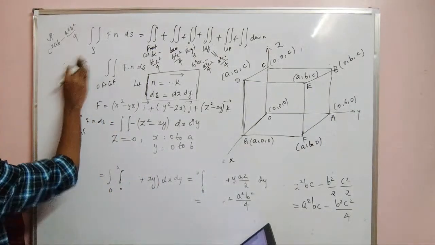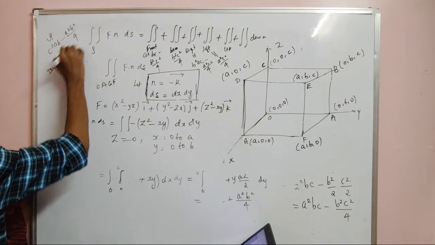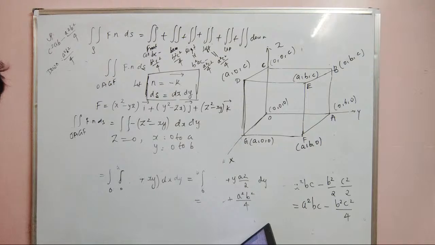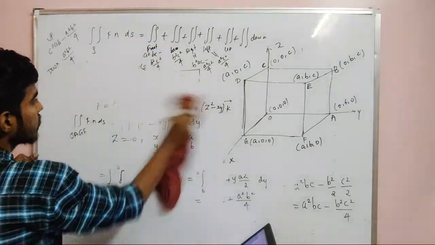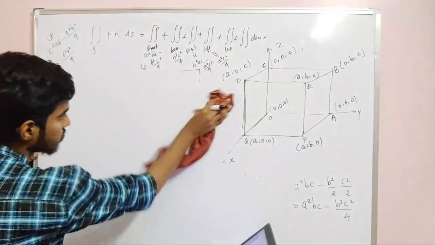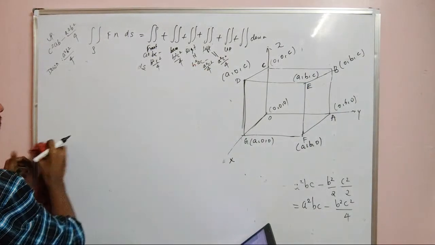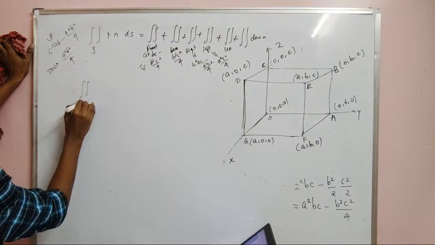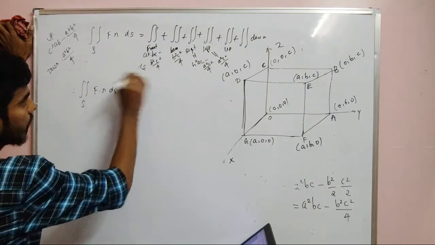So we have the down value to be equal to a square b square by 4. So we have found up, down, we have found all values. Now we need to find the double integral over S of F dot n dS. Therefore, the double integral over S of F dot n dS is equal to, you add up all the values.